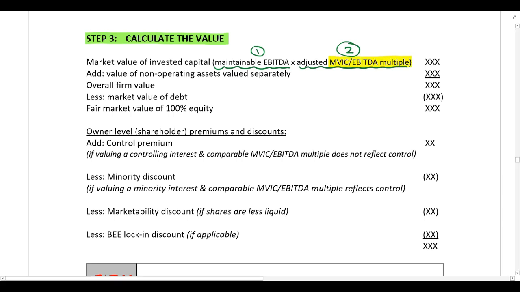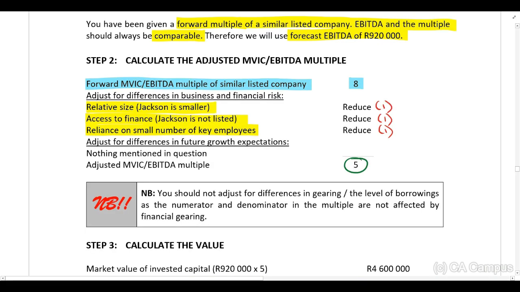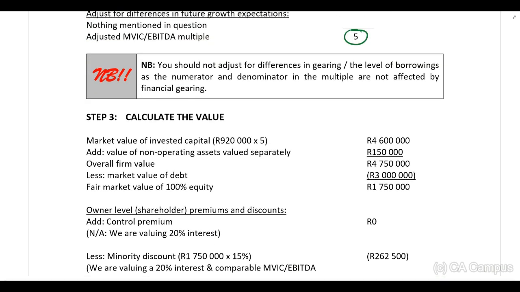Instead, I use the market value of invested capital. So this is going to give me the market value of invested capital. So take your maintainable earnings from step 1, multiply by the adjusted multiple from step 2, and you get your market value of invested capital.